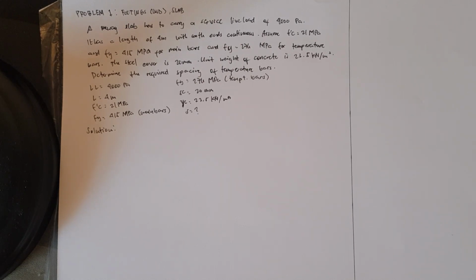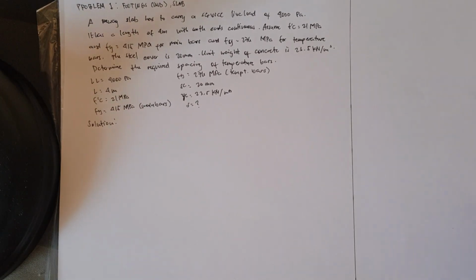Assume f'c is equal to 21 megapascal and Fy is 415 megapascal for main bars, and Fy is equal to 276 megapascal for temperature bars. The steel cover is 20 millimeters. The unit weight of concrete is 23.5 kilonewton per cubic meter. So, determine the required spacing of temperature bars.